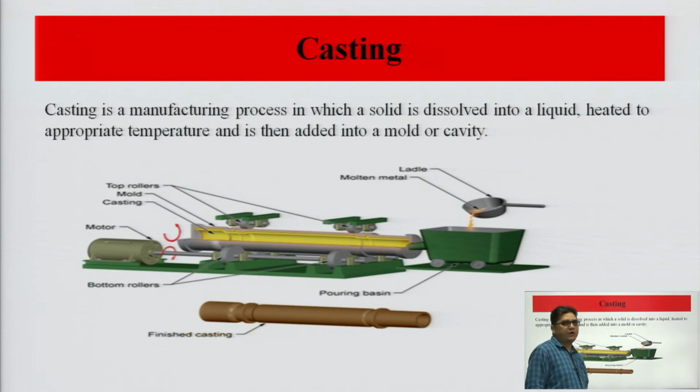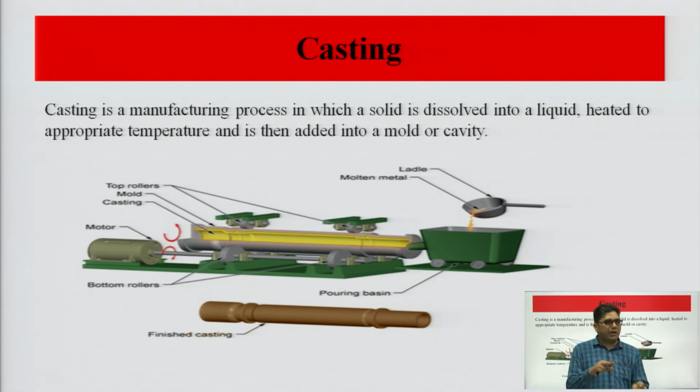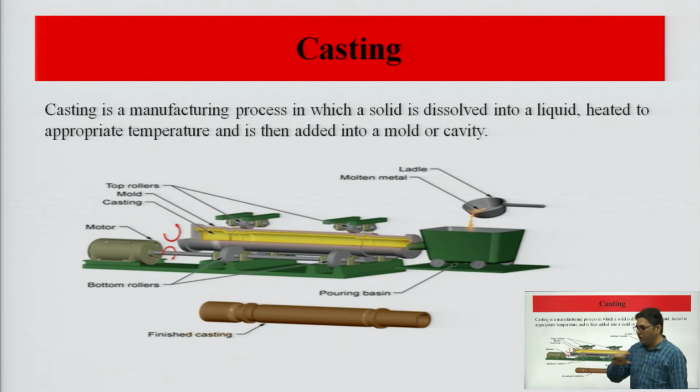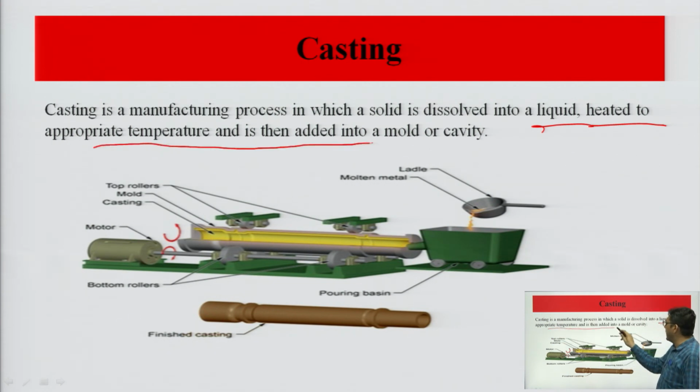Next, it is casting, the last one that I discussed. Molding and casting are the same thing. Casting is a manufacturing process in which a solid is turned into a liquid. We heat it until it becomes liquid, heated to the appropriate temperature, and then add it into a mold or cavity.